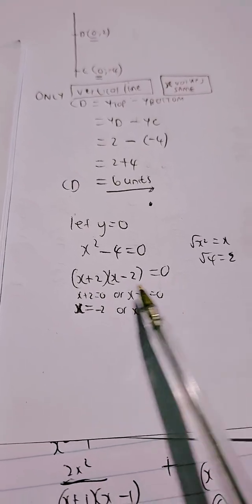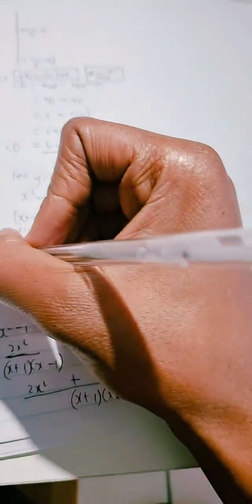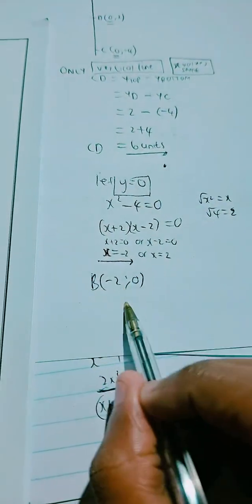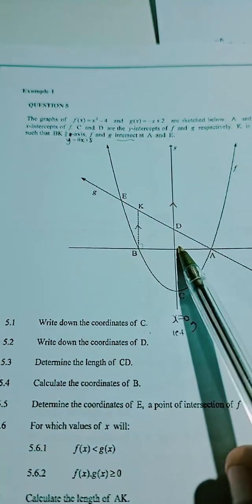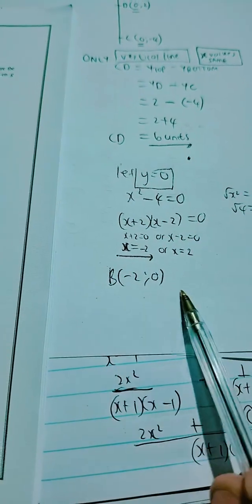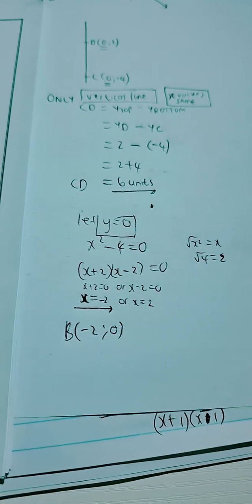We solve for x, we factorize, apply the zero factor law, and get the x values. So this is the one that we were looking for, B. Here y is 0, and the x value is -2 because we are on the negative side of the x-axis. So B is (-2; 0). Okay, that sorts that out.